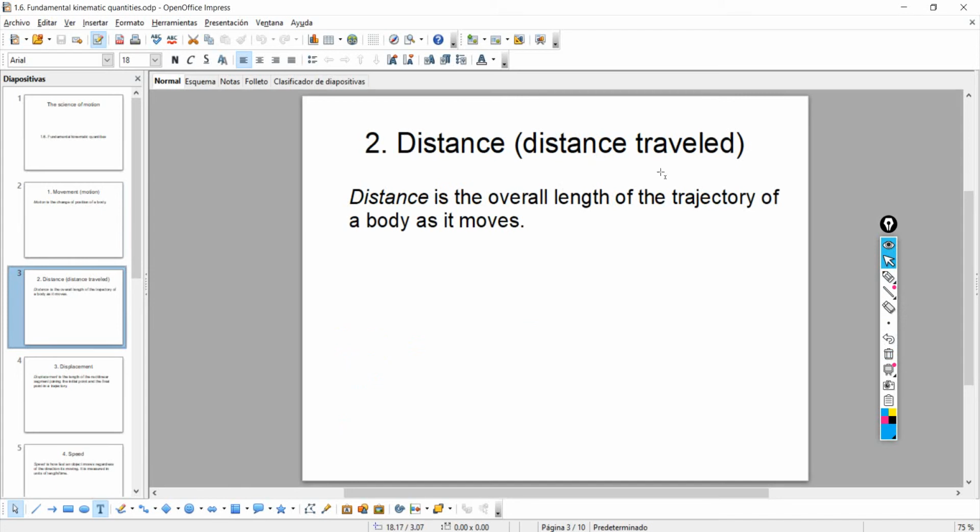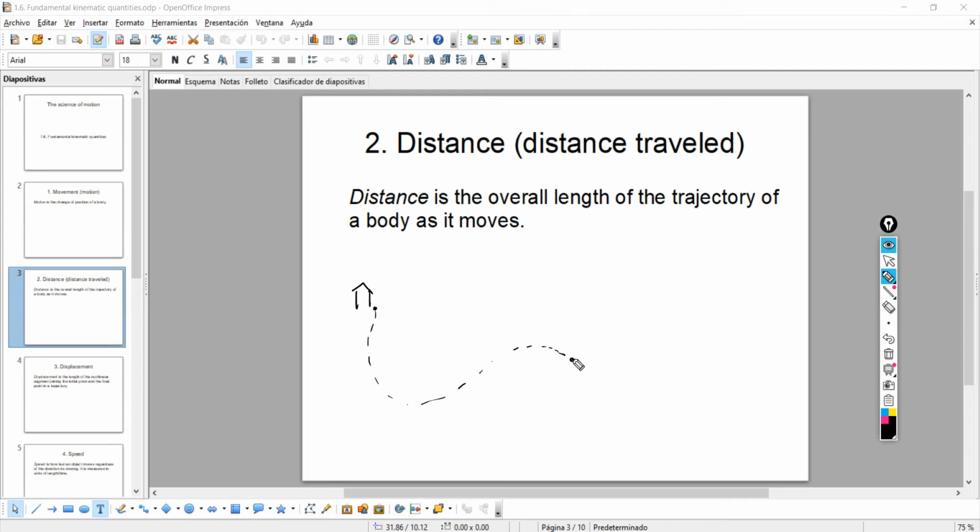Distance, also known sometimes as distance traveled. What is distance traveled? Distance is the overall length of the trajectory of a body as it moves. So for example, let's suppose you have your home right there and your dog begins right there outside your house, and your dog is gonna take a walk and it's gonna follow this path.